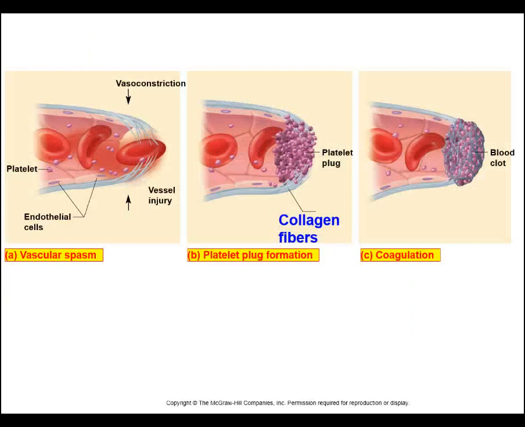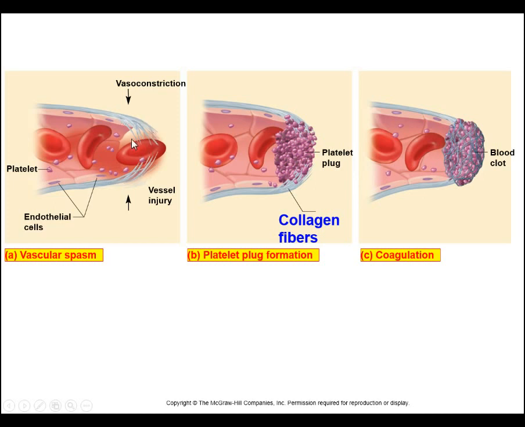So let's take a look at the three responses to bleeding that we originally listed, and talk about them in a little more detail. Vascular spasm. What I want to point out initially is, when we have an injury to the endothelium of a capillary, collagen fibers are exposed.